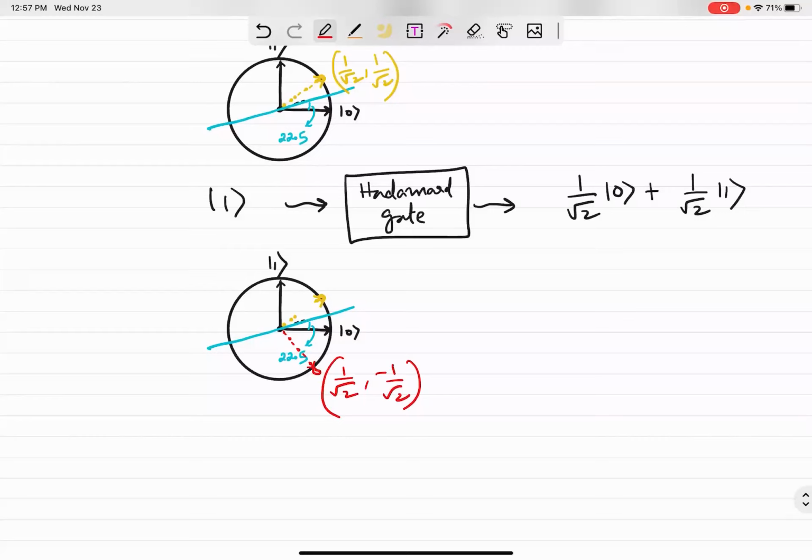Right, exactly. So you get minus. Okay. So now we have the most important pieces in defining quantum circuit.